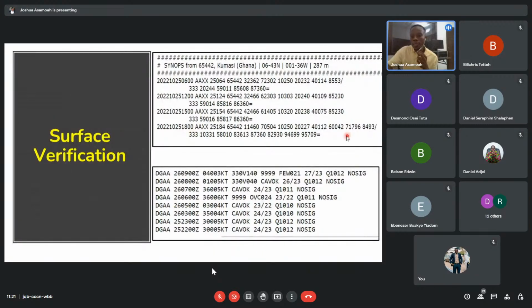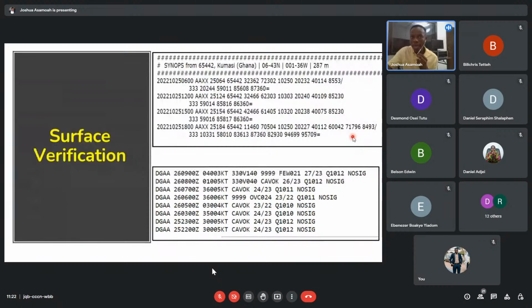And then there's the seventh group telling us the present weather. So there are codes for present weather and then past weather. 17 is a code for thunder without rain, present weather. 96 is a code for thunder and rain as past weather. Usually 9 will be for thunder, 6 will be for rainfall. So if you're getting 6 something here, it means there's rain happening at the place.